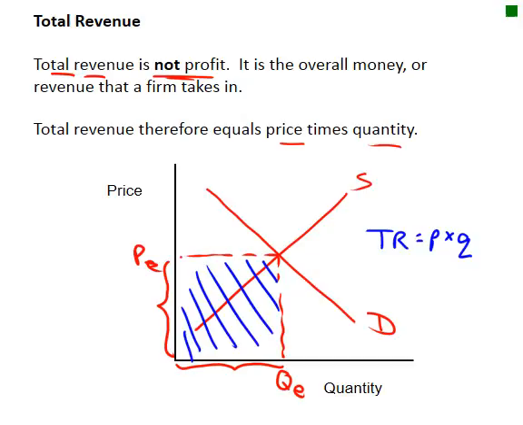So on a demand and supply graph, and assuming that we're operating at the equilibrium, this is going to be the price that the good is sold at and the quantity. So total revenue is going to equal price times quantity, which in math is the same thing as the area of P times Q.